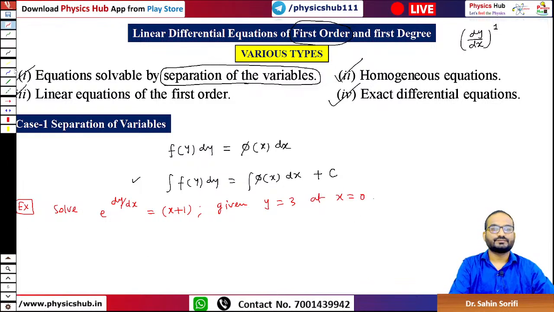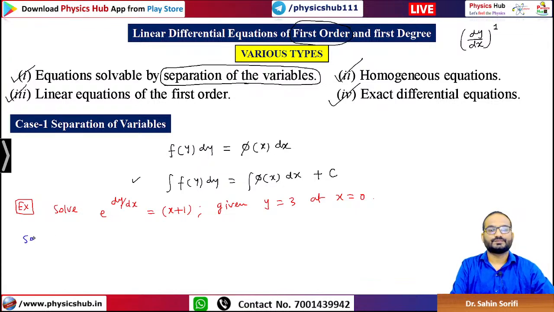Okay. So how will you do this? e to the power dy/dx equals x plus 1 and given y equals 3 at x equals 0.